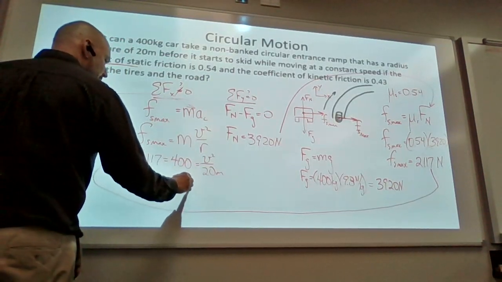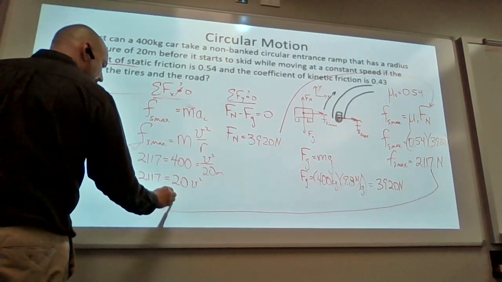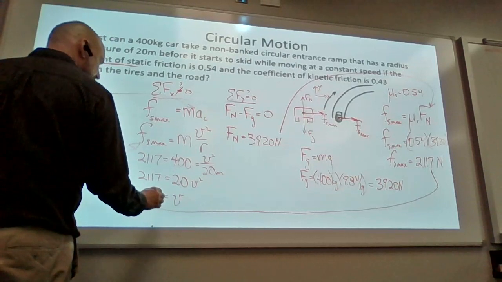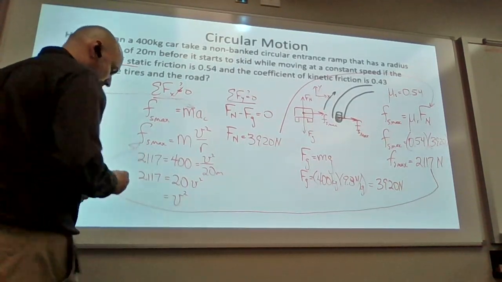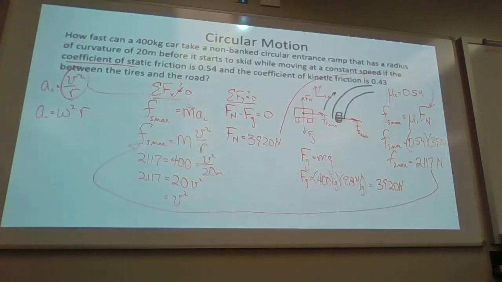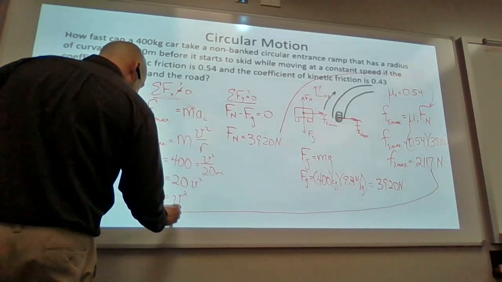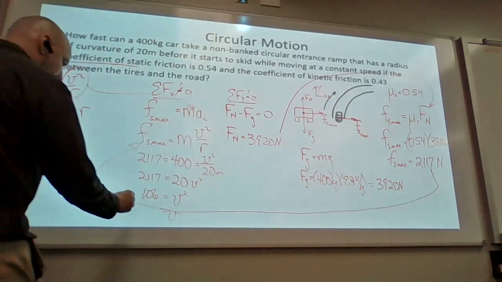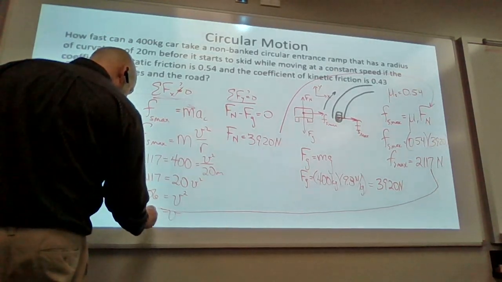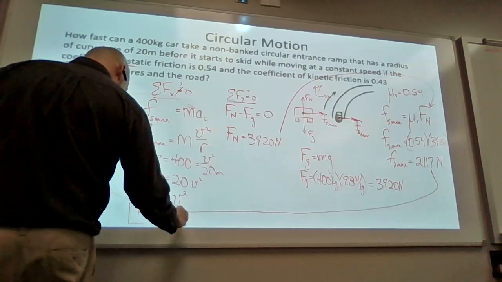So I find speed squared to be 2,117 divided by 20, which is 106. Take the square root. That is 10.3 meters per second. How do we do? 10.3 meters per second.